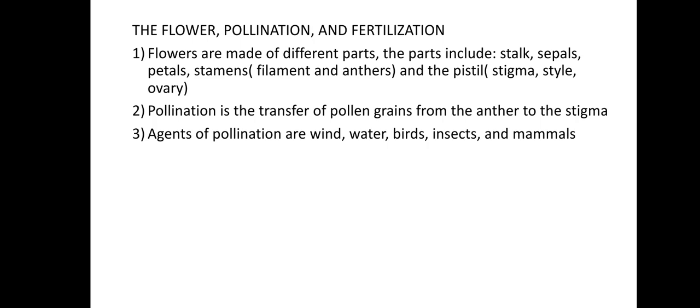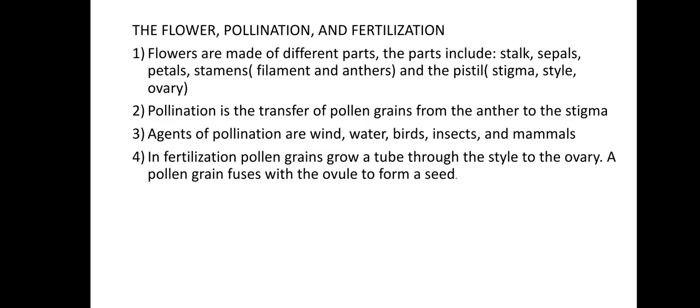They end up having pollen grains on their beaks, and as they fly to another flower, they will transfer those pollen grains to the next flower. Then we have insects. Insects also help in the same way. The pollen grains will attach themselves to the body of the insects, and as the insect moves from one flower to another, they will transfer the pollen grains. Are we clear? Mammals, in the same way.